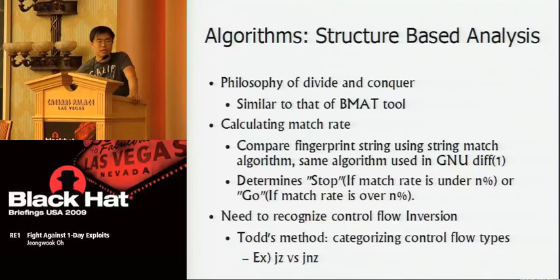If the match rate is more than 80%, we can just go. If it's smaller than 80%, we just stop there, and we will not do the structure-based analysis anymore. And there are some issues like control flow inversion. It was already presented in Todd's article, and we are also taking care of that.